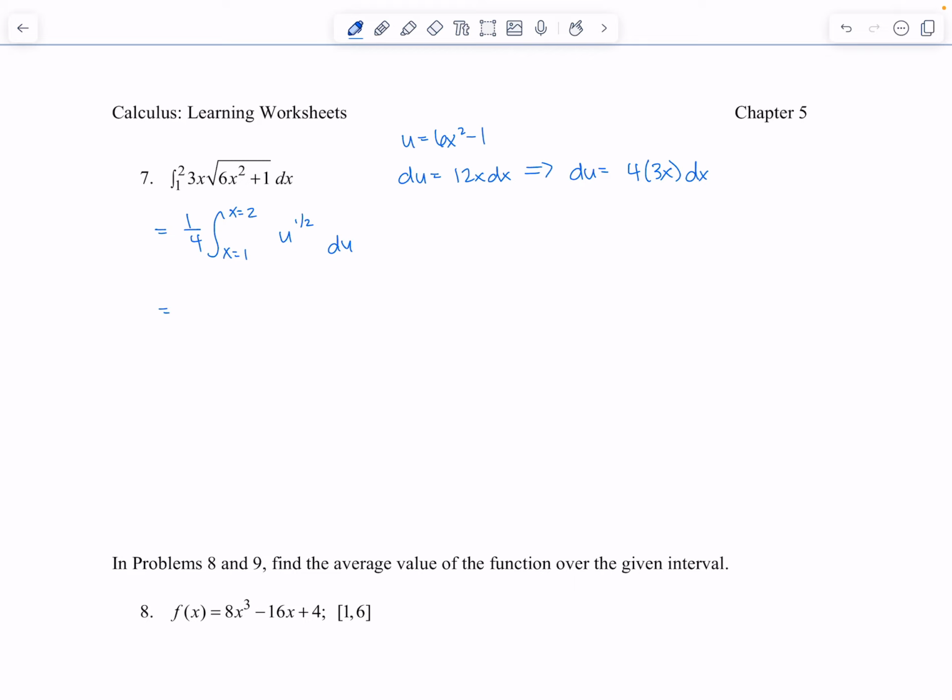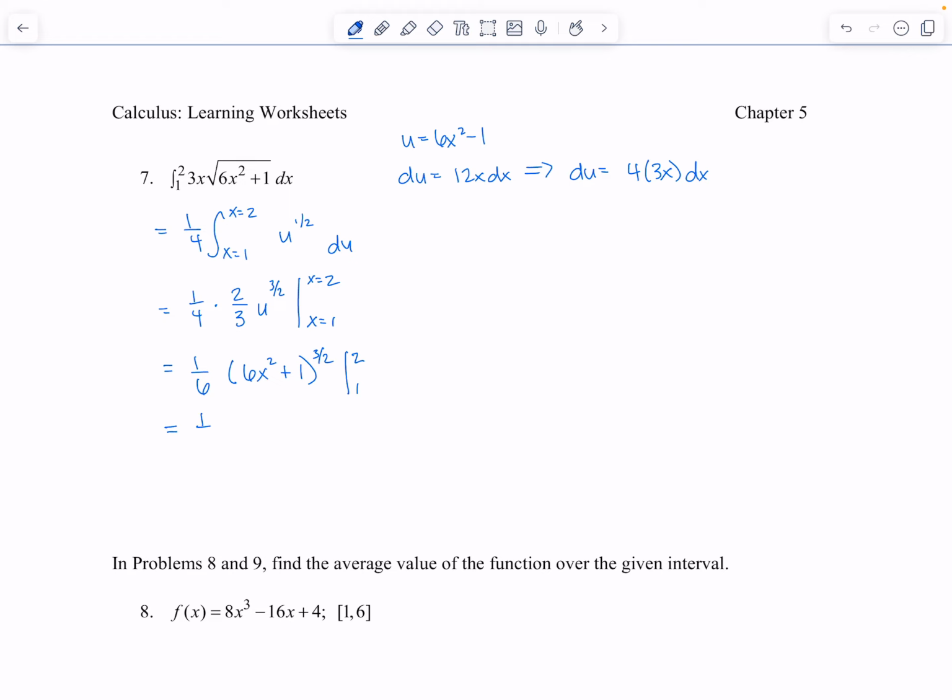And so we'll have the antiderivative, 1/4 times 2/3 u to the 3/2, evaluated from x equals 1 to x equals 2. Plugging our x's back in, we have 1/6 times 6x squared plus 1 to the 3/2, going from 1 to 2.